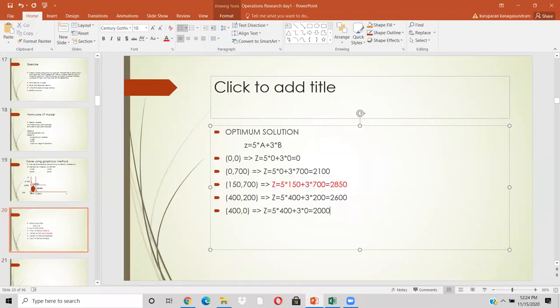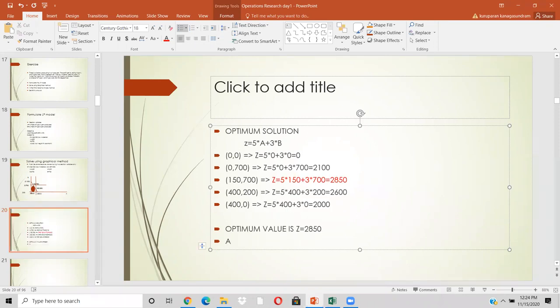So, the optimum value is, okay, what value is Z? Optimum profit, optimum value of Z is equal to 2850, where A equal to how much?